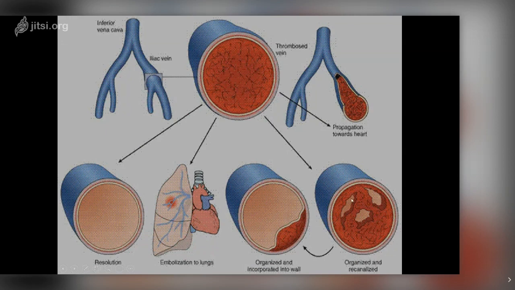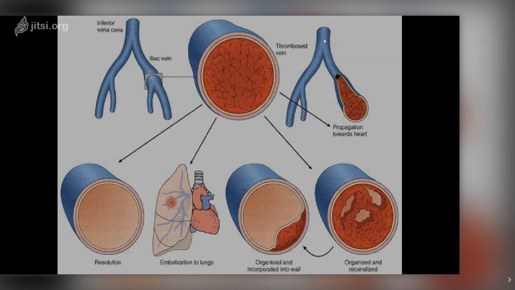And recanalization with formation of small capillaries inside of the thrombus and restoration, partial restoration of course, of blood flow. Propagation toward heart, for example, from popliteal vein, thrombus may grow to femoral vein and inferior vena cava.